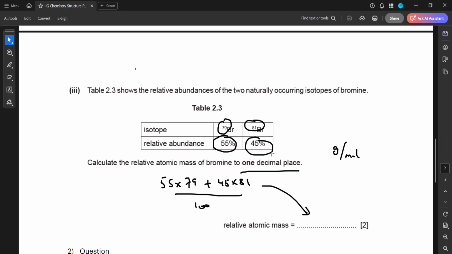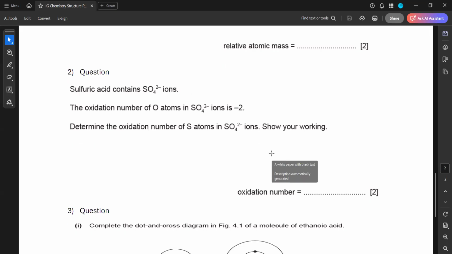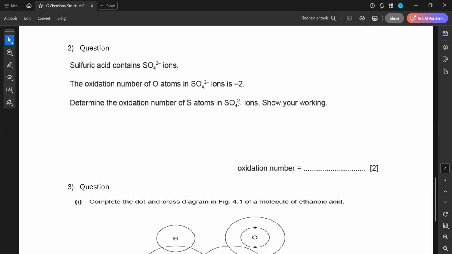Question 2. We have to determine the oxidation number of a sulfur atom in a sulfate ion. Yeah, I will solve this. Look how it can be done. Sulfuric acid contains a sulfate ion with a charge of 2 minus. The oxidation number or the charge of oxygen is -2. What is the oxidation number of sulfur?